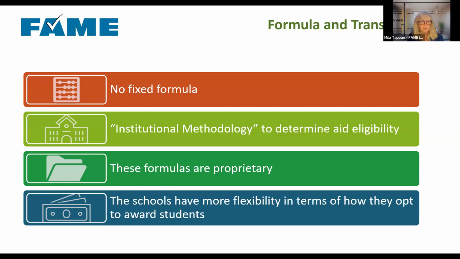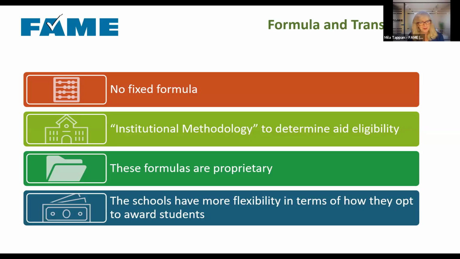But schools like Bates, Bowdoin, and Colby, many schools in the Boston area that require the CSS profile, they're going to use this information to award their institutional aid. And that's where the bulk of the aid comes from, is from the school itself. So there is no fixed formula. There is technically an institutional methodology or a basic formula that is used, but schools are able to tweak that and use whatever information they would like to.